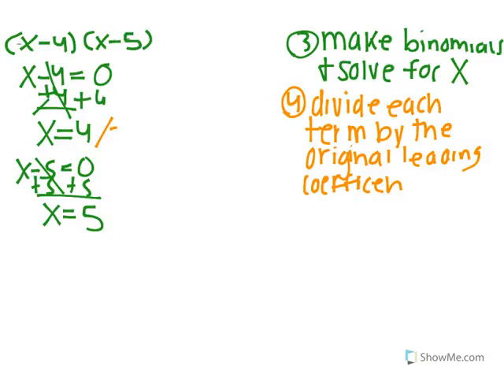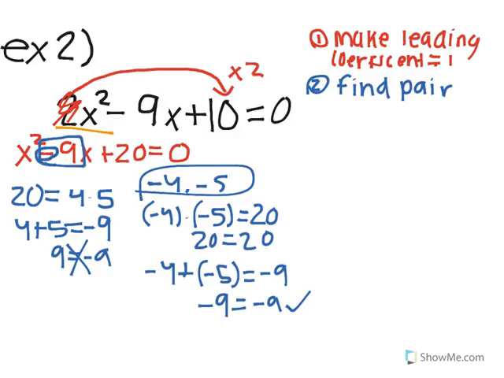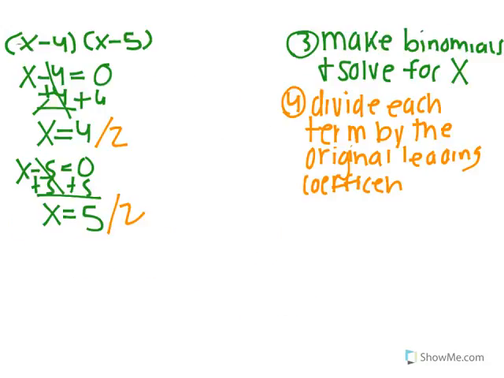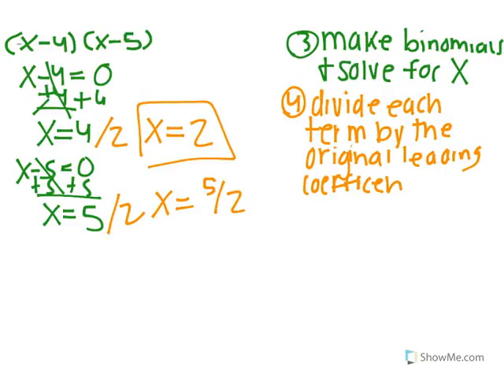So I divide each one by 2, which was our leading coefficient, as you can tell from the 2x squared. So I get x equals 2 and x equals 5 over 2. These are our new numbers, and then we do the check step.